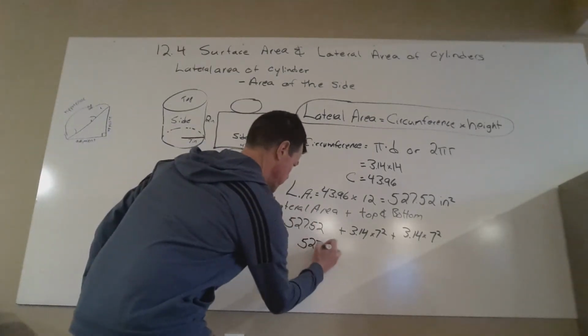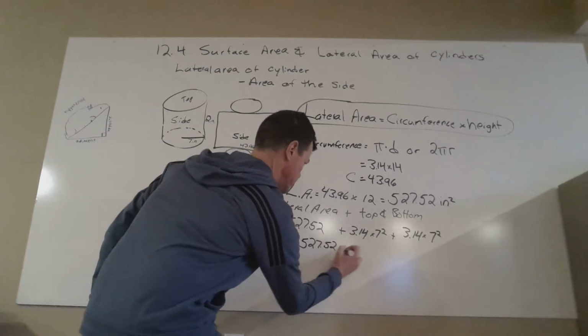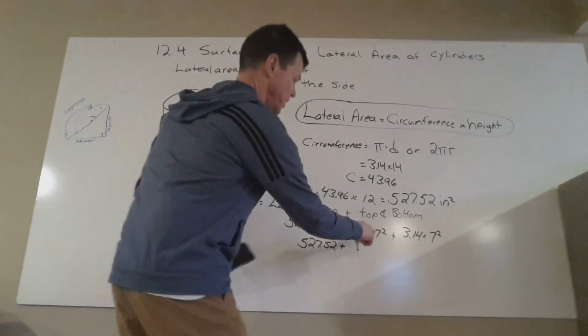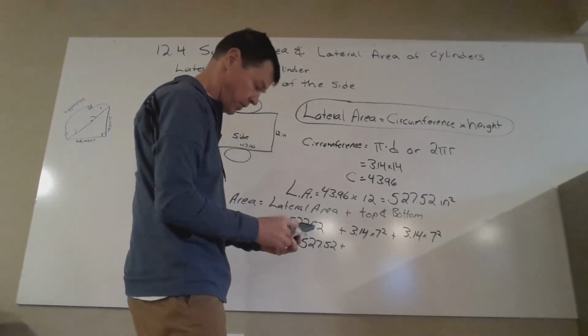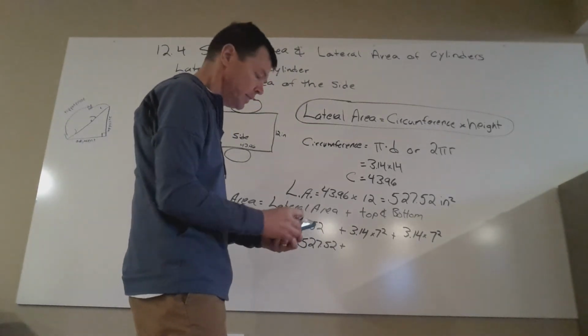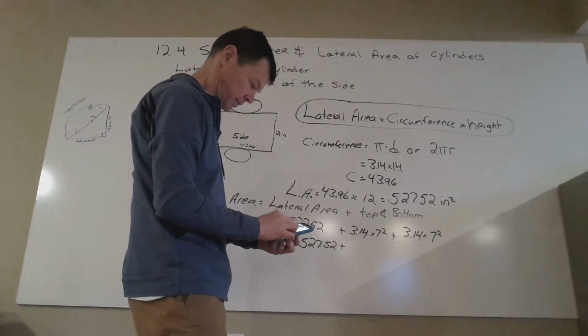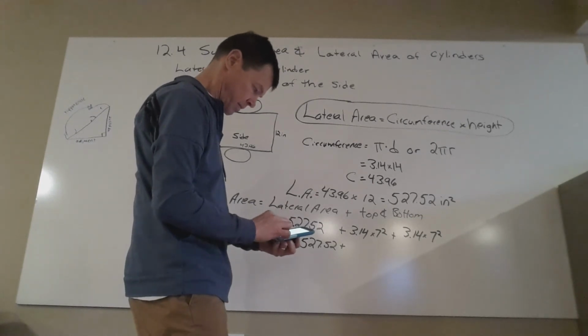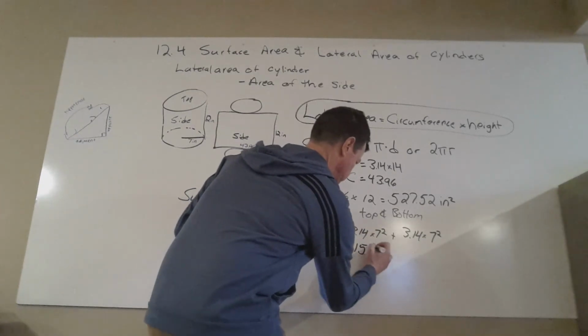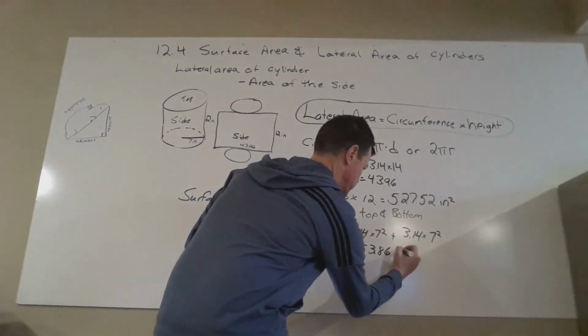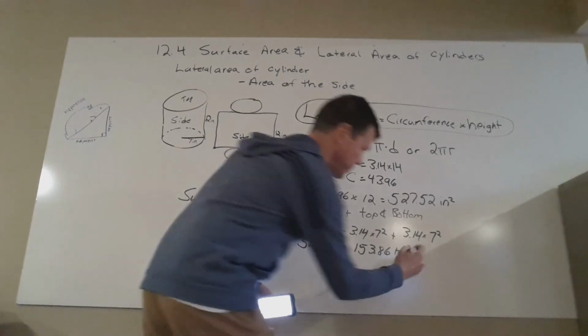So 527.52 plus 7 squared is 49, so 49 times 3.14, which is pi, is 153.86. Add that again for the bottom.